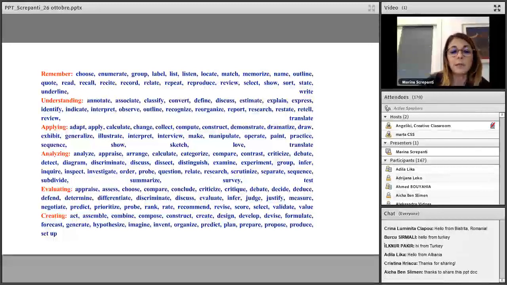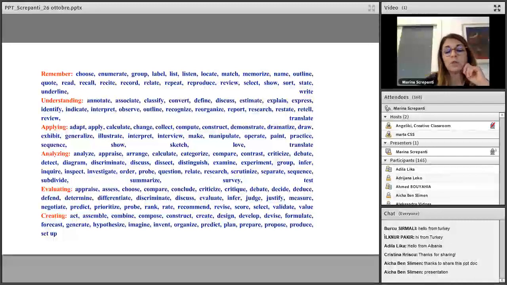Then evaluating, which is another step, and then creating. Normally when we teach, I think that we are in remembering, understanding, and applying. Sometimes we have the time to analyze, but not very often to evaluate and create.